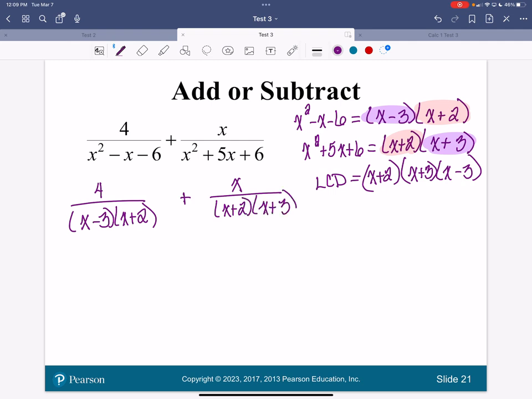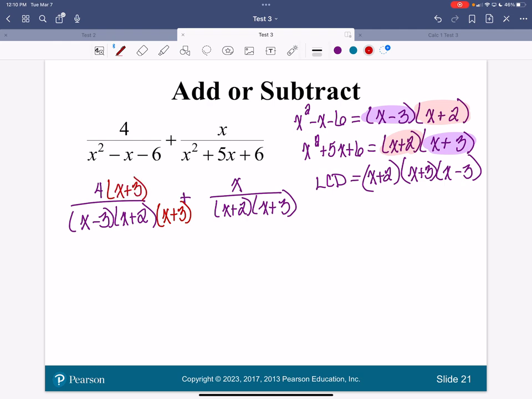So now what you do is you look at this and you look at your LCD. What's missing? I've got x minus 3 and x plus 2. What's missing? X plus 3. And if I multiply the denominator by it, I've got to do the numerator.